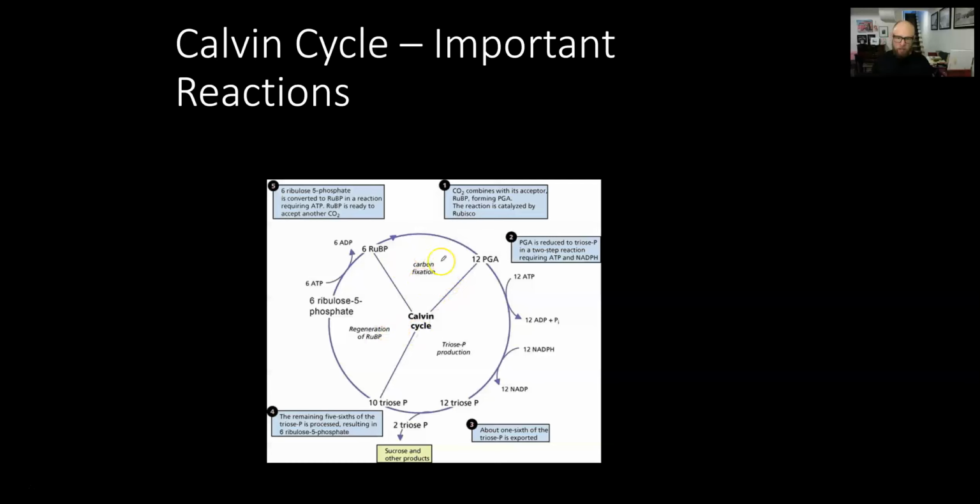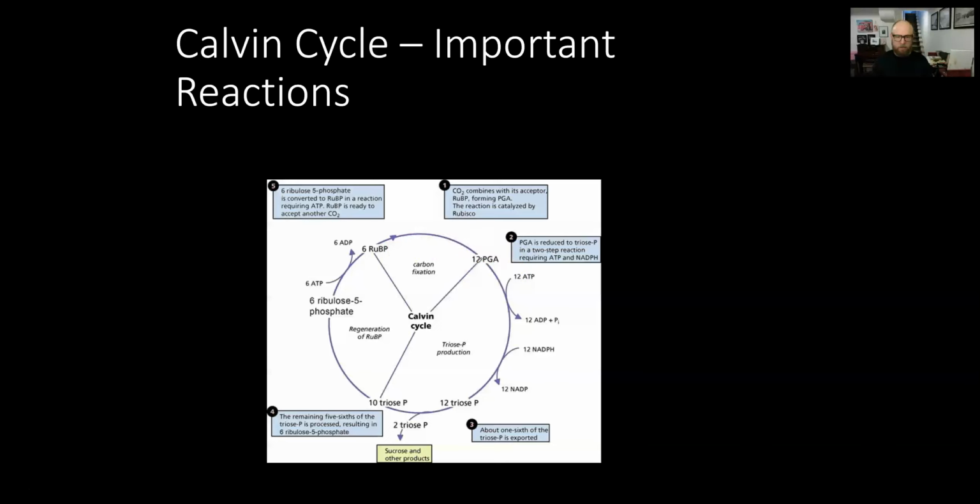So the carbon fixation, let's just talk about that briefly. There is an enzyme called Rubisco. You've probably heard of Rubisco before. It's an enzyme that takes ribulose bisphosphate, which is this RuBP here, and combines it with a CO2 molecule. So it's like Rubisco is grabbing these two things and putting them together, producing PGA, which is just another molecule.